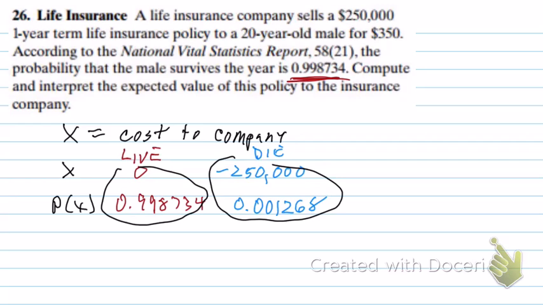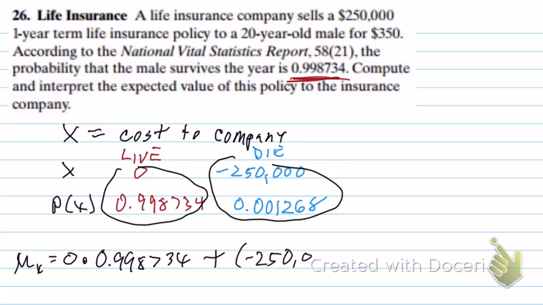So the mean of X equals 0 times 0.998734 plus negative 250,000 times what? 0.001268.